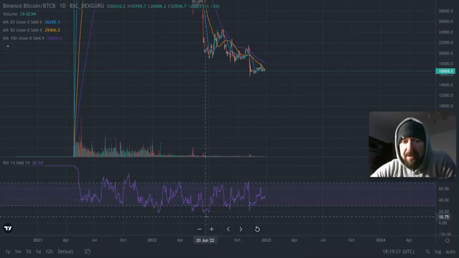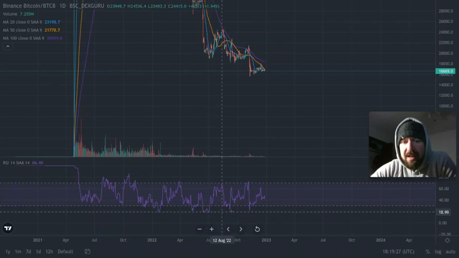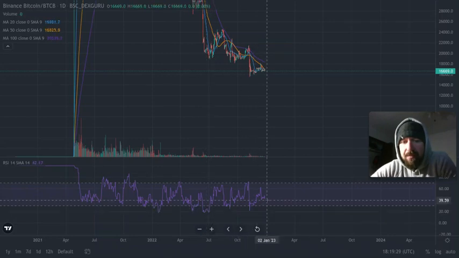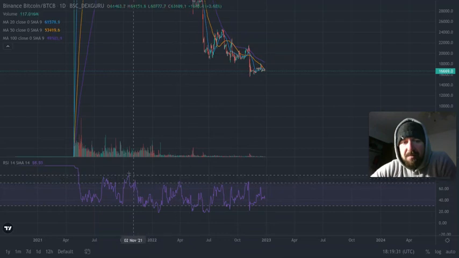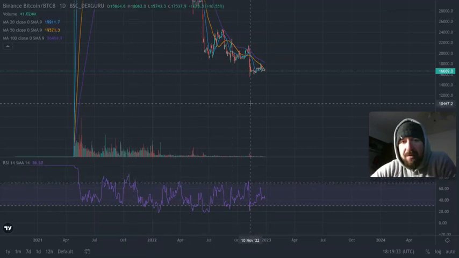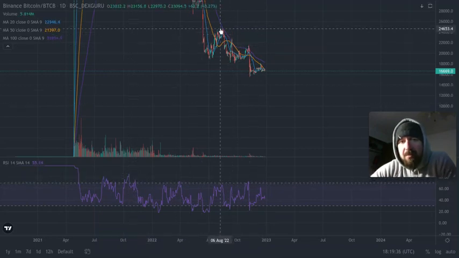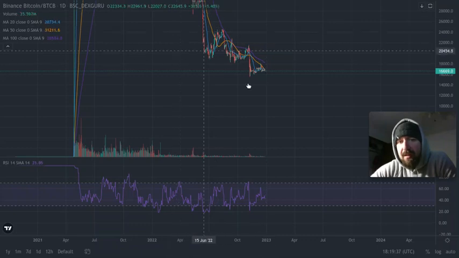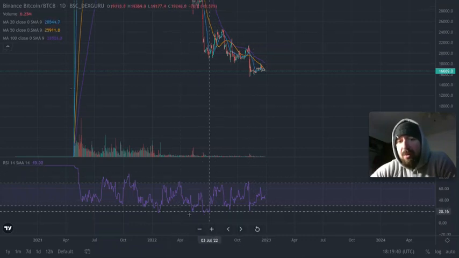You look down here, which I was explaining in the last video, the RSI is making higher lows and lower highs. Up here on price, it's making lower highs and lower lows. So you call this bullish divergence.